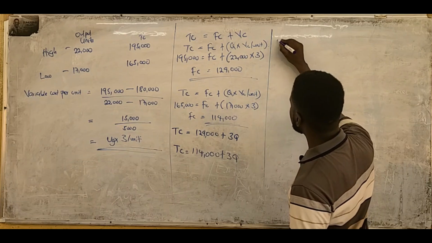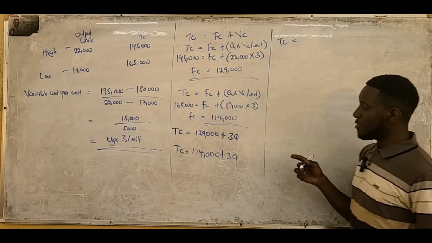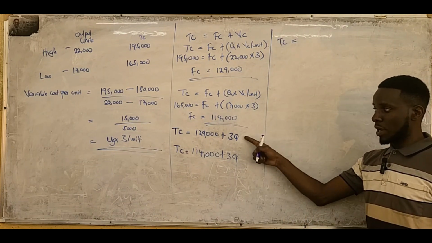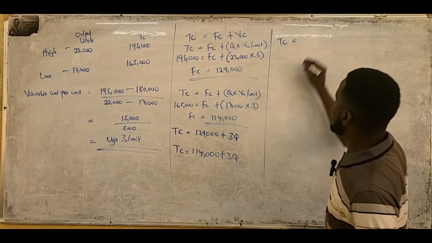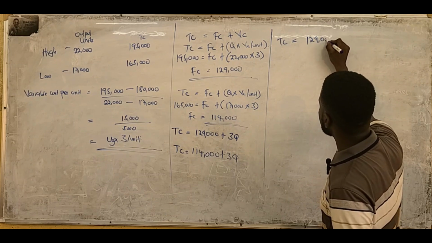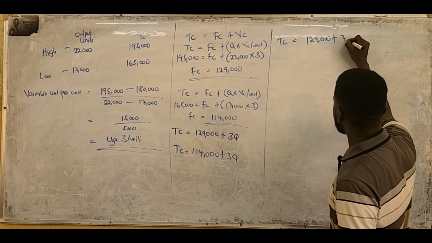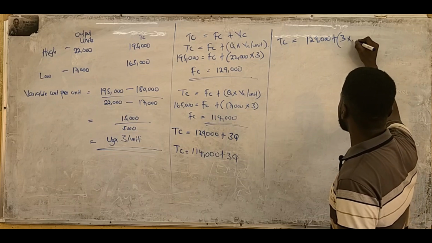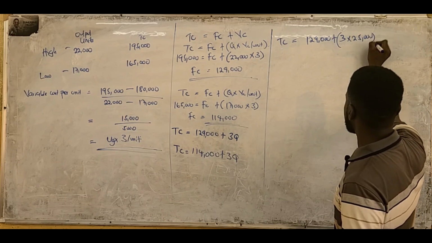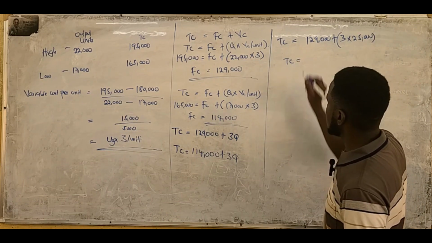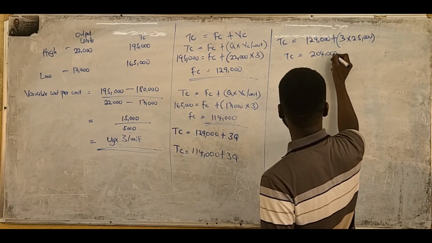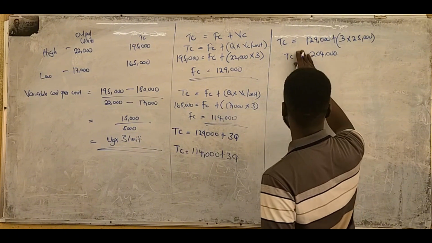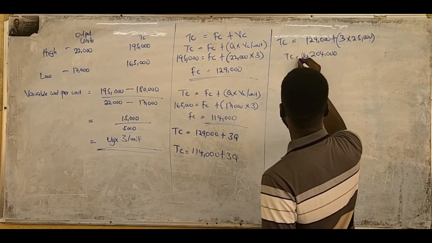So that's what you're going to do. For the 25,000, which equation are you going to use? You're going to use the first one because it's the one which qualifies in that range. So we shall have 129,000 plus our variable cost per unit times the 25,000. Therefore, our total cost will be 204,000 Ugandan shillings.